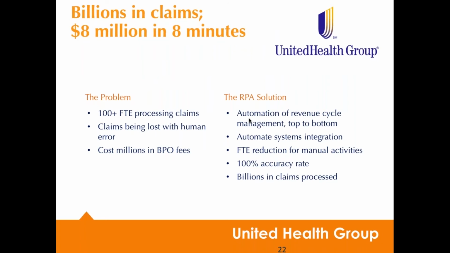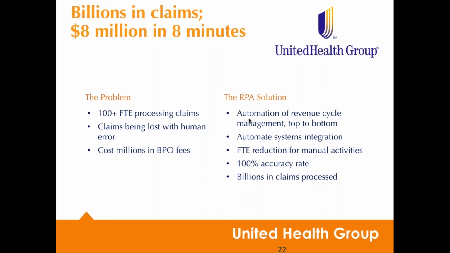The claim is we did about 8 million in 8 minutes, meaning we found 8 million in claims by running the robot for 8 minutes. There could be other strategies to solve that particular problem as well, but this got into production very quickly in a very rigorous fashion. With everything we saw, spreadsheets, EHRs, green screen applications, access databases, finding an integrated solution for all of those in a timely manner would have been very much a challenge.